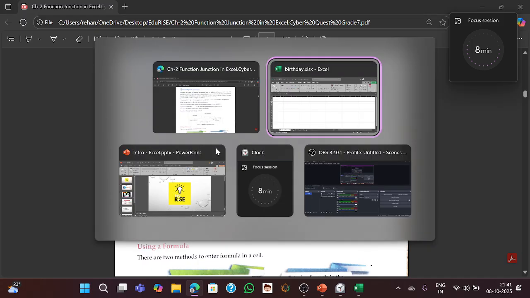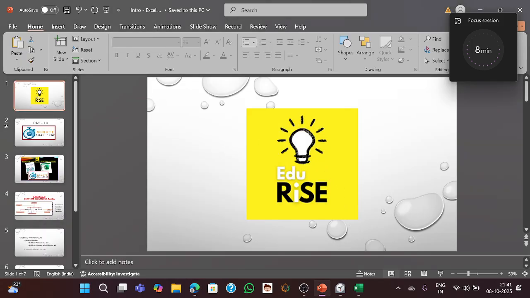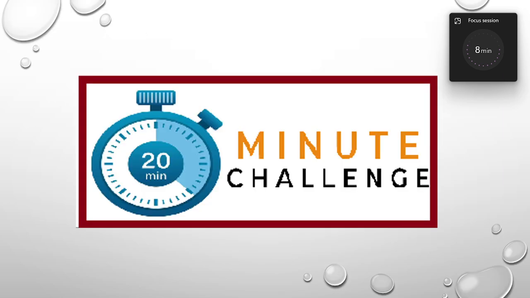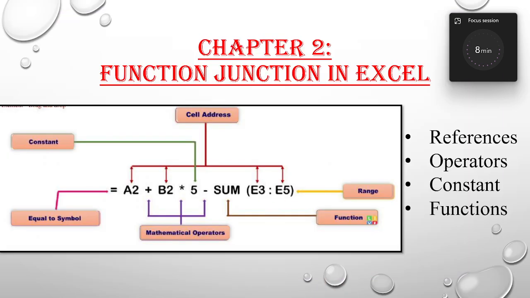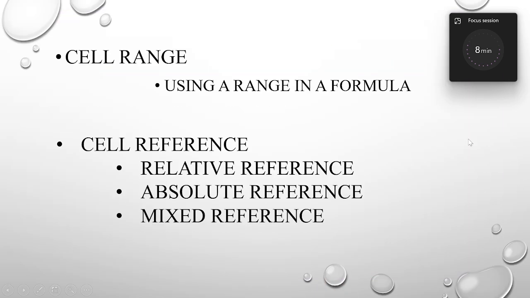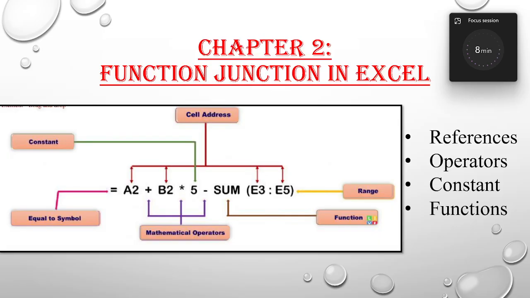The formulas that we use in Excel comprise references, operators, constants, and functions. So these are the main four things that a formula may consist of. It can consist of one or all of these elements.